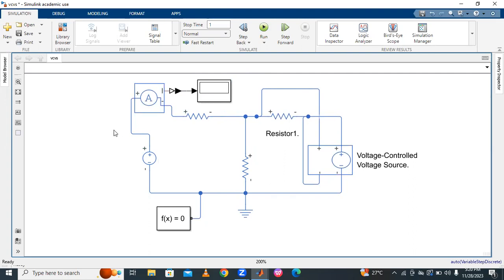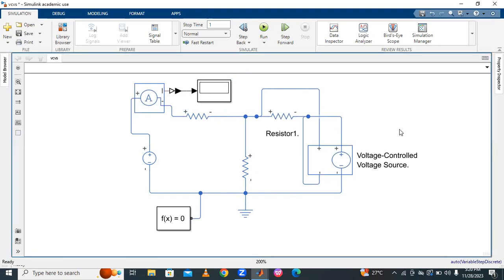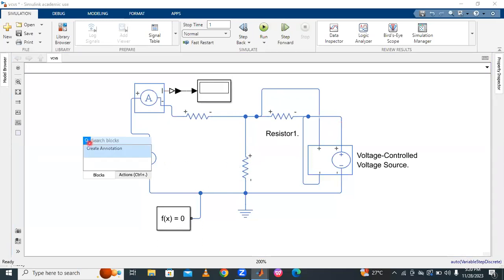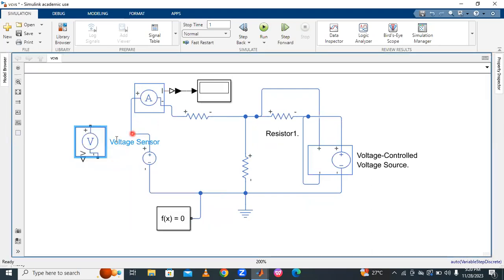And next, take one voltage sensor, because you want to measure the voltage across this. Voltage sensor, like this.